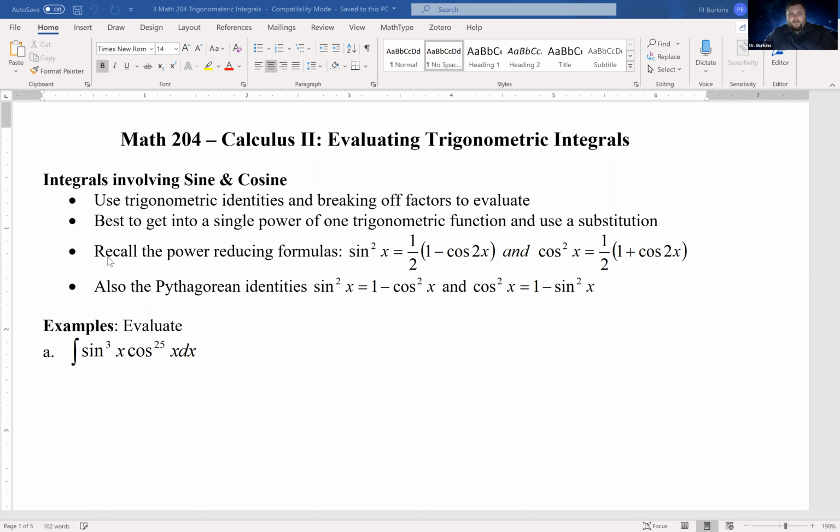The third bullet says we also have these formulas called the power reducing formulas. That states that if I have a sine squared, I can turn it into a cosine of 2x using that formula. And cosine squared does the same thing. The nice thing is that they're the same formula, just with an alternate sign: the cosine has a plus, the sine squared one has a negative.